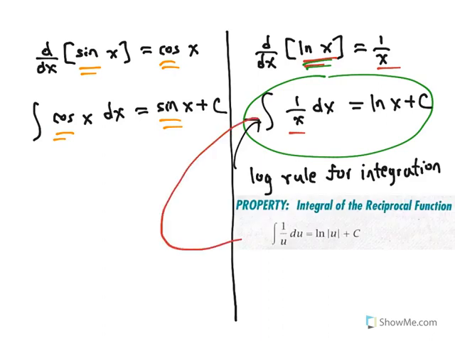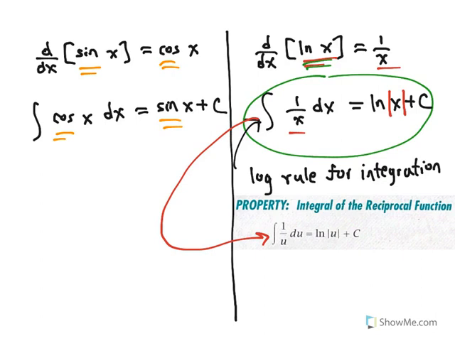We have this rule written here so that we have the indefinite integral of 1 over u with respect to u is equal to the natural log of the absolute value of u plus c. So one thing that I do want to add here is that we would like to include the absolute value sign here. Well, for what purpose do we include the absolute value sign?